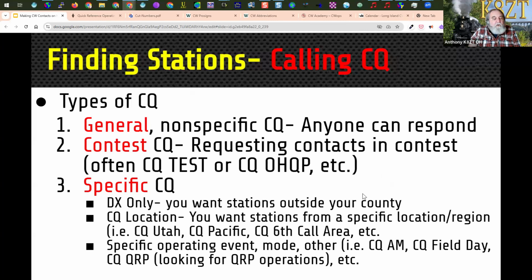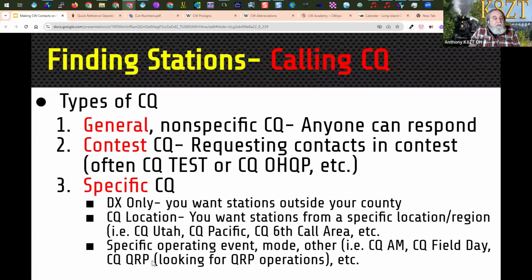Types of CQ that you can call, you can just give a CQ, anyone can respond, that's a general non-specific, or you can give a contest CQ, requesting contacts in a contest. Quite often, you'll see something like this, CQ OHQP for Ohio QSO Party or CQ Test. Or you can give a specific CQ like CQ DX, CQ Ohio, CQ Pacific, CQ 6 Call District, etc.